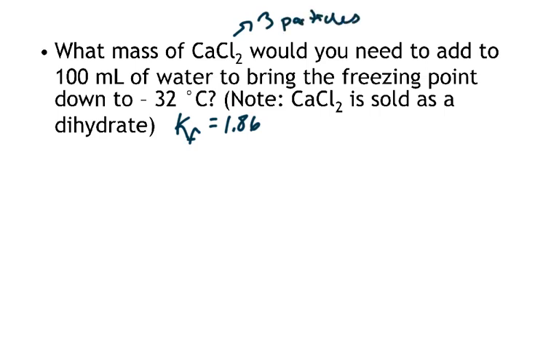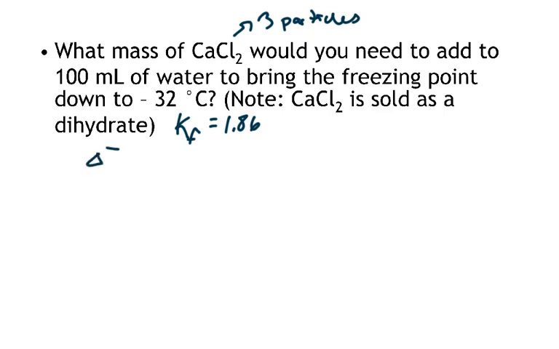So this question involves something that we're going to talk about in lesson 8 in a couple videos, and that is the fact that you need to account for the number of particles in colligative properties, not just the overall concentration.